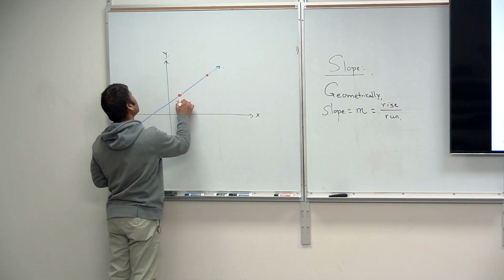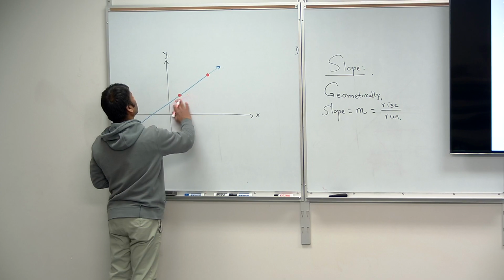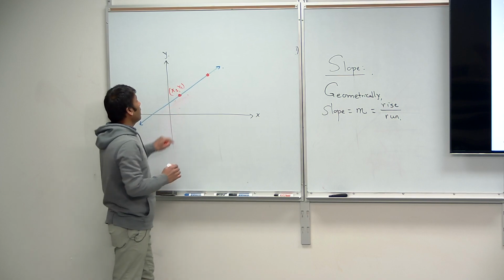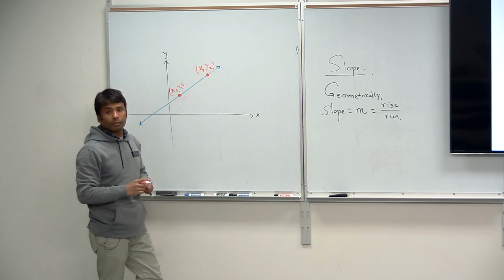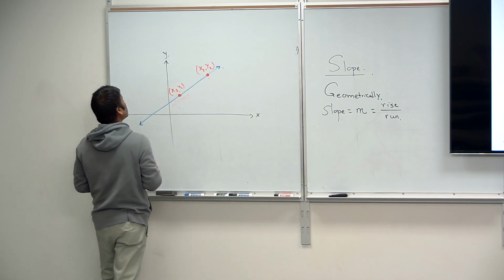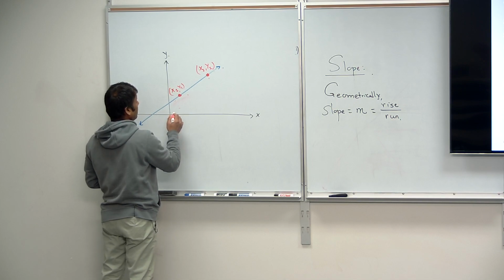So let's say this is x1, y1. And I want to pick this point. Let me write down here. The coordinate of this point is x1, y1. And the coordinate of this point is x2, y2. So I want to find out the slope. That means I want to find out rise over run.